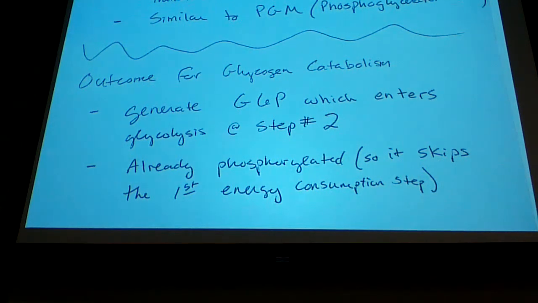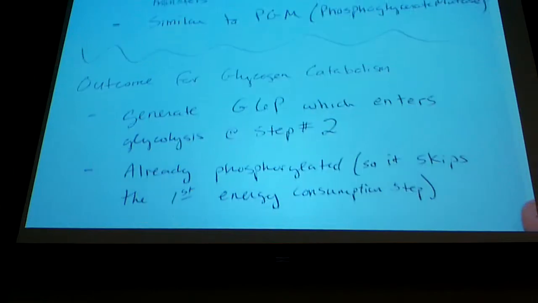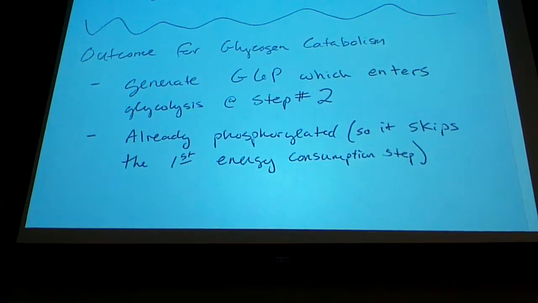Does that mean that it's more energy efficient to get your glucose from glycogen than it is to get it straight from glucose? Not really. Why not? You have to turn it into glycogen first, which we're going to do next. So we're going to turn it into glycogen, and that's going to cost ATP to do it.